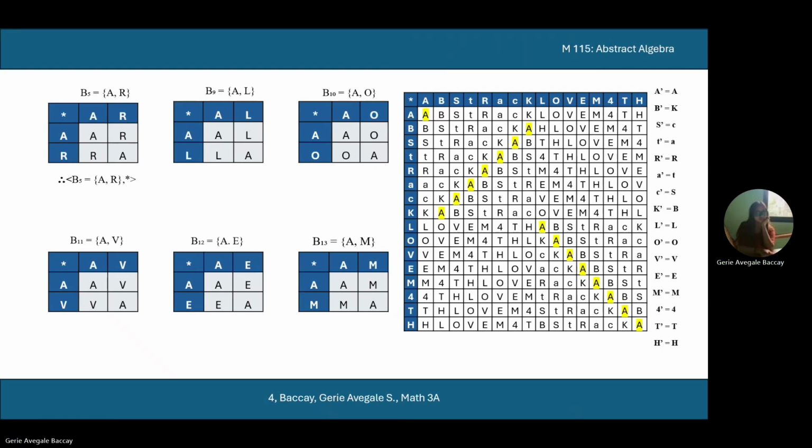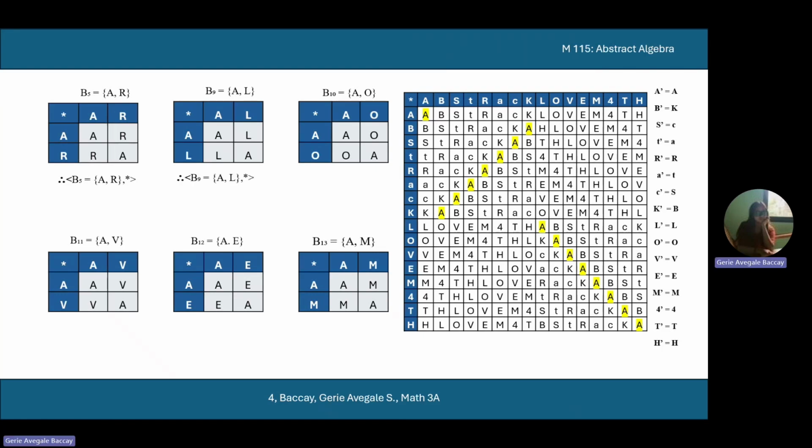Next, we know that the inverse of A is A, and A is an element of B sub 9. And the inverse of L is L, and L is an element of B sub 9. Therefore, it satisfies the inverse property. So, B sub 9 is a subgroup.